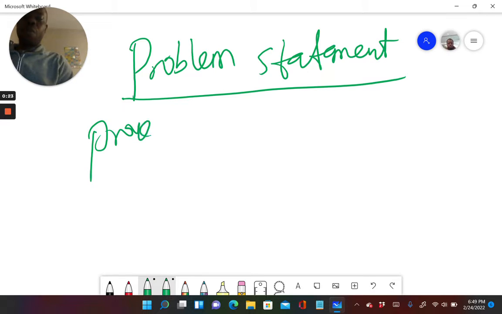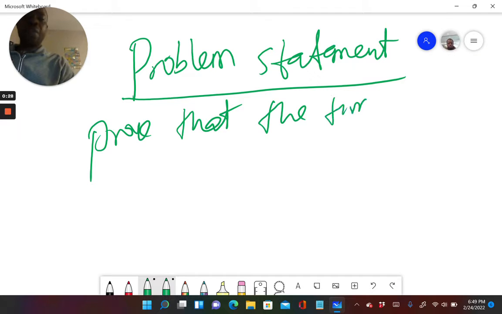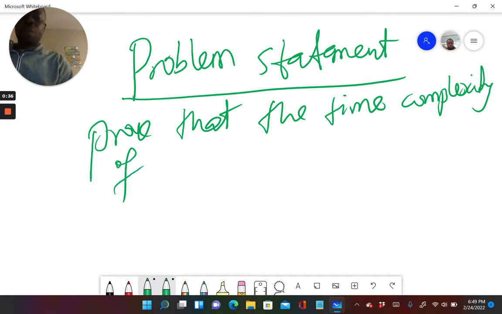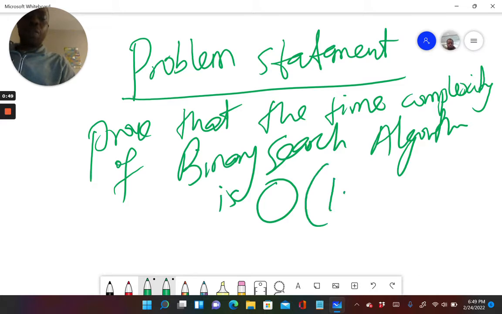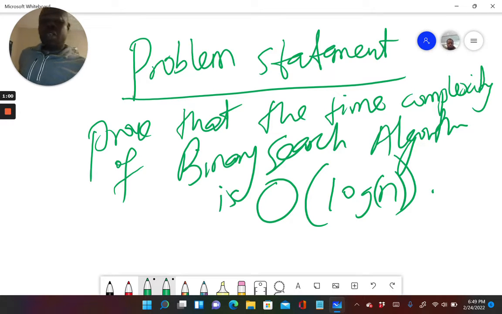Proof that the time complexity of binary search algorithm is order of log n. Okay, that's the problem statement.